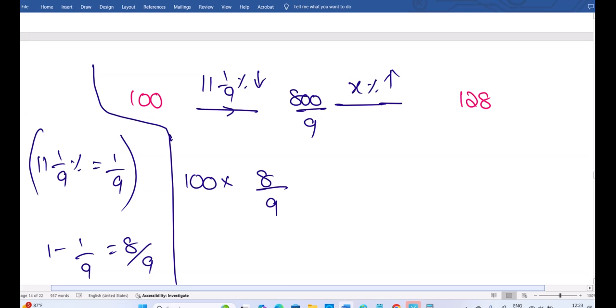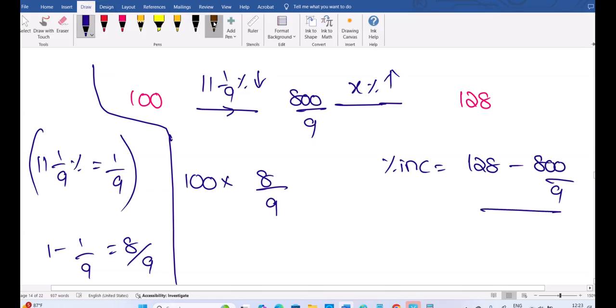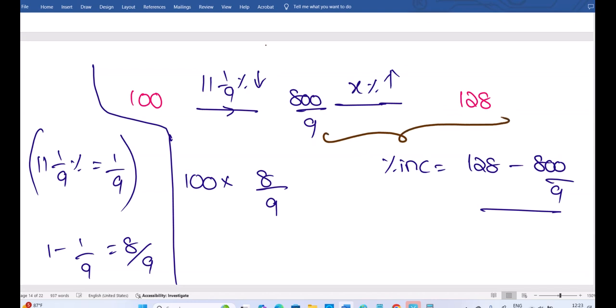Definitely an increase is there. How much percentage increase? How to calculate percentage increase? Difference: 128 minus 800 divided by 9, with respect to the denominator. 800/9 becomes 128. What is the increase from the initial value? From where it is increasing? 800/9 into 100 will come.